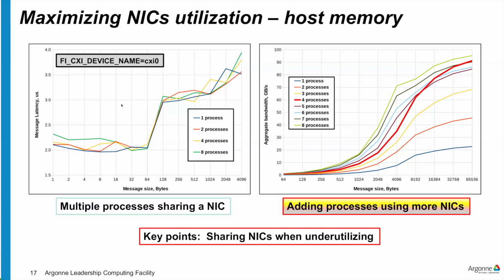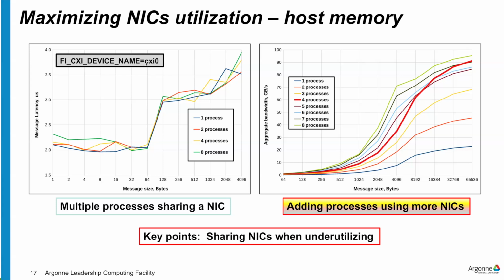I'm not sure that in practice you will be using a single NIC for your simulation, but just in case you need to have certain performance analysis or performance study, the environment variable FI_CXI_DEVICE_NAME equals cxi0 will bind all the MPI processes available with this environment variable to this exact NIC cxi0.